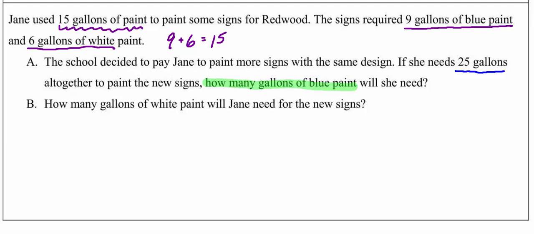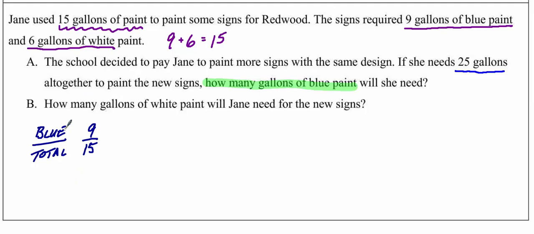So we are going to set up the problem, and we're going to say, all right, here's what we know. In the original design, the amount of blue paint compared to the amount of total paint were 9 gallons of blue for a total of 15 gallons of paint.